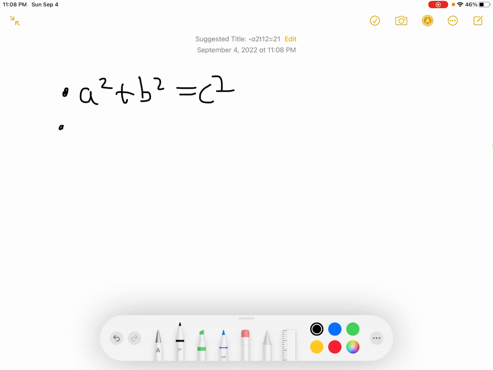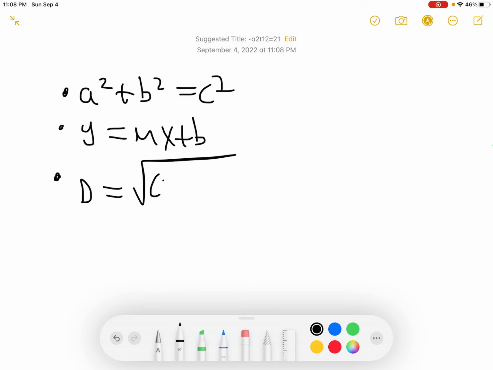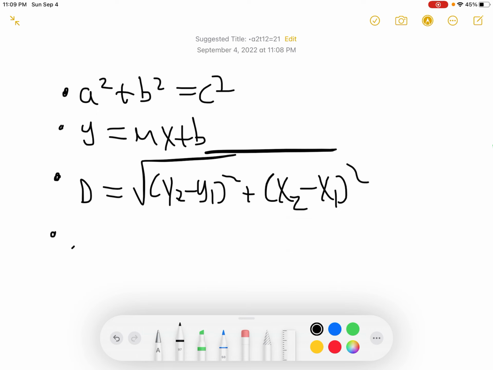Definitely this one. Definitely this one. It's the distance formula.